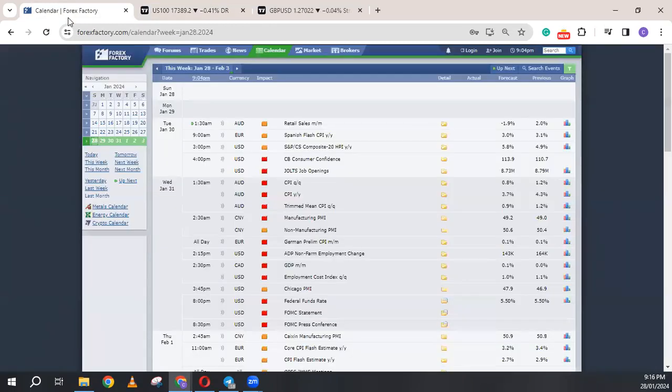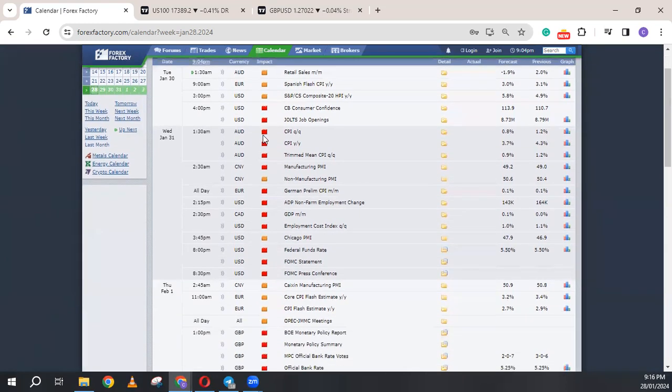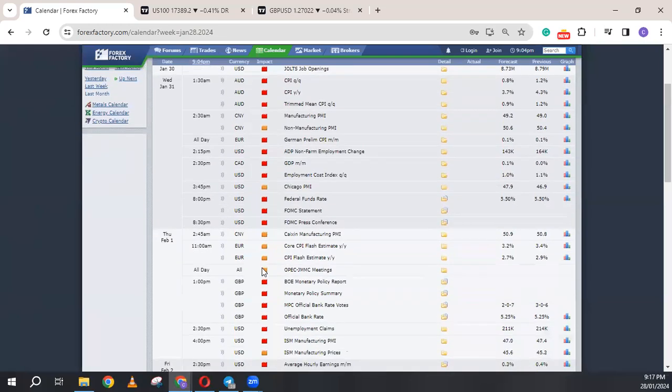So we're going to start off with the economic calendar. Looking at the economic calendar, Tuesday has high impact news for the dollar. Wednesday for the Aussie. Also Wednesday afternoon. Then later in the evening, we're going to have FOMC, which is going to be a major event.